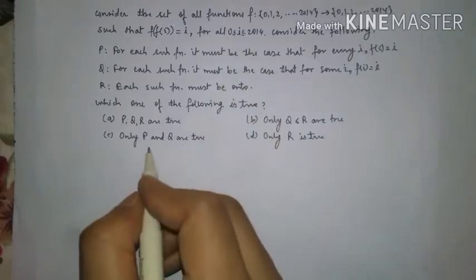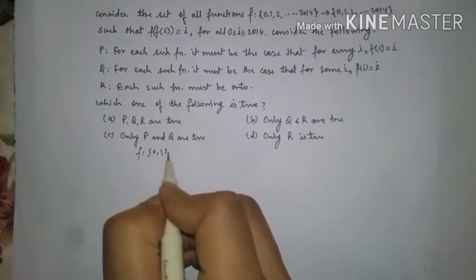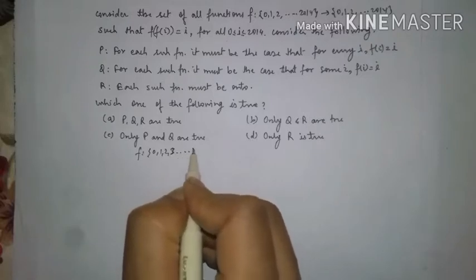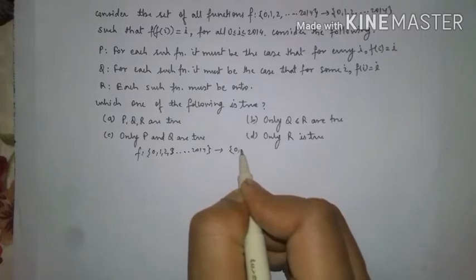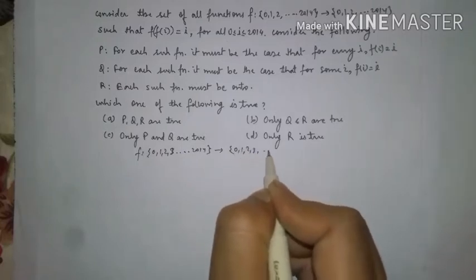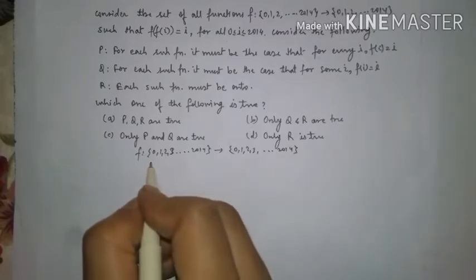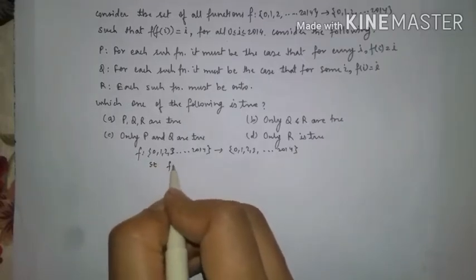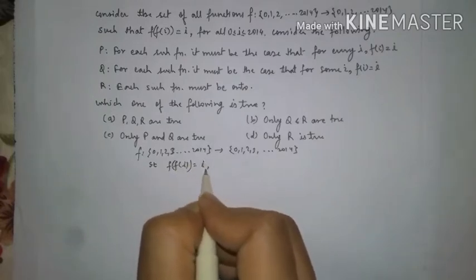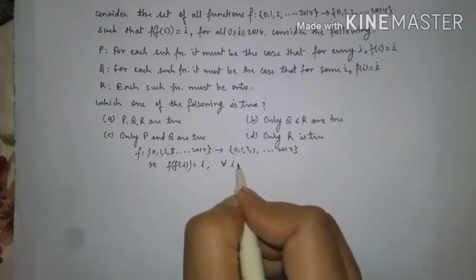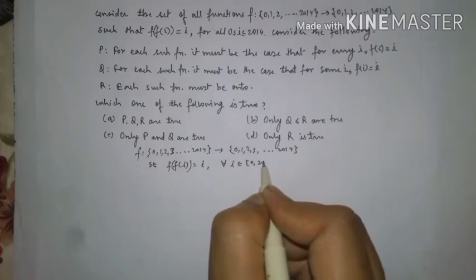So it is saying that we have a function from the set 0, 1, 2, 3 to 2014 to the same set 0, 1, 2, 3 to 2014 such that f of I is equal to I for every element I belonging to the set 0 to 2014.